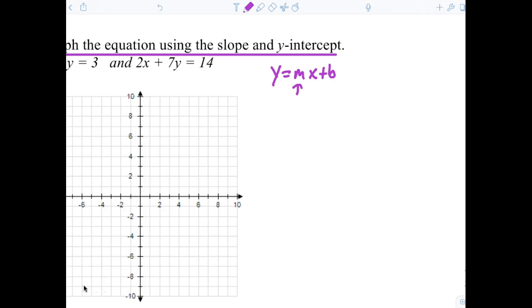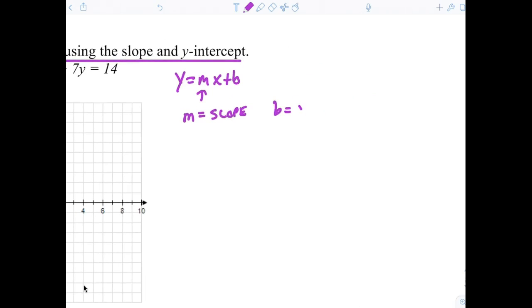So your m is your slope. And what do you think b is? That's correct. b is your y-intercept. Now, your y-intercept is a point. Your slope is a ratio. So your y-intercept is always graphed as (0, b).